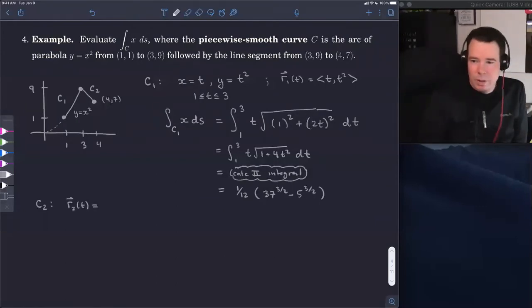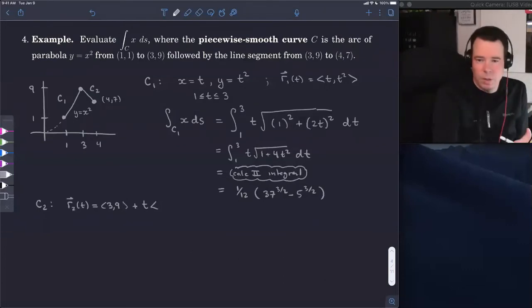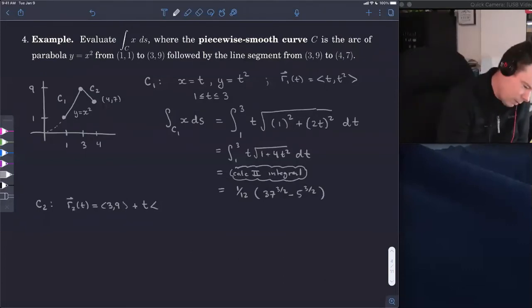So the way to get a parameterization of a line is we can do a couple of different things. One, we could start at the point we want to start at, which would be (3, 9). And then we add to that t times the vector that goes from the starting point to the ending point. And so that would be (1, -2). In other words, what's appearing here is the terminal point minus the initial point.